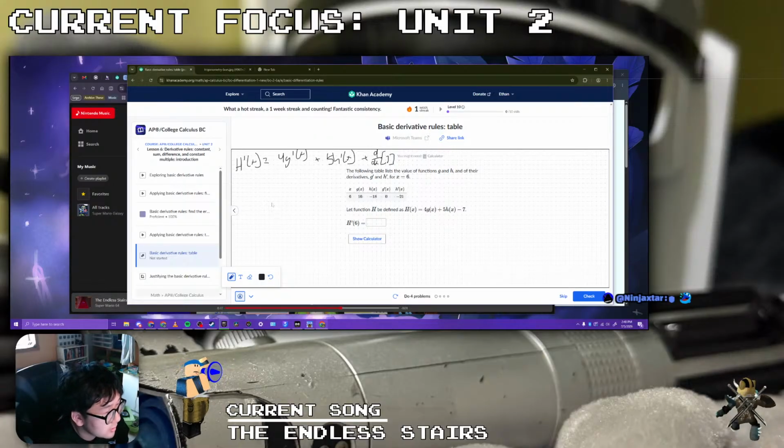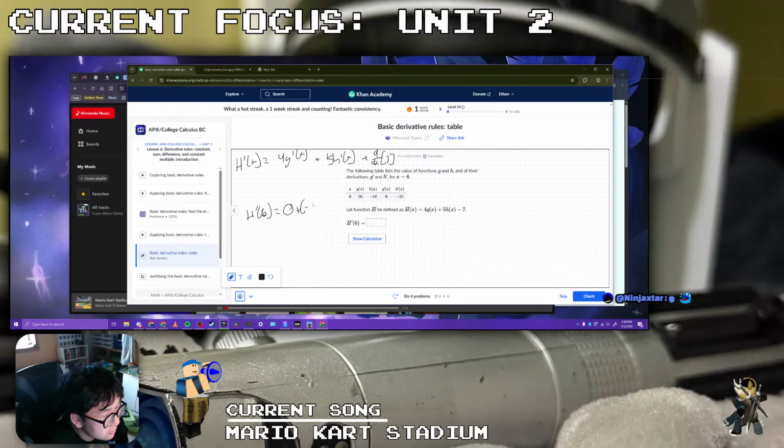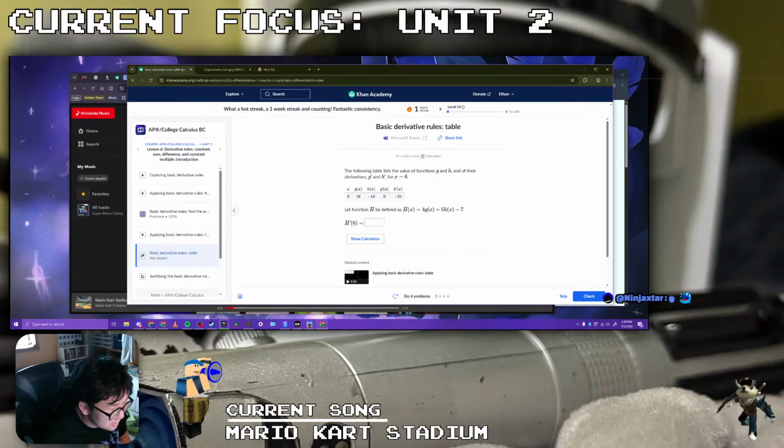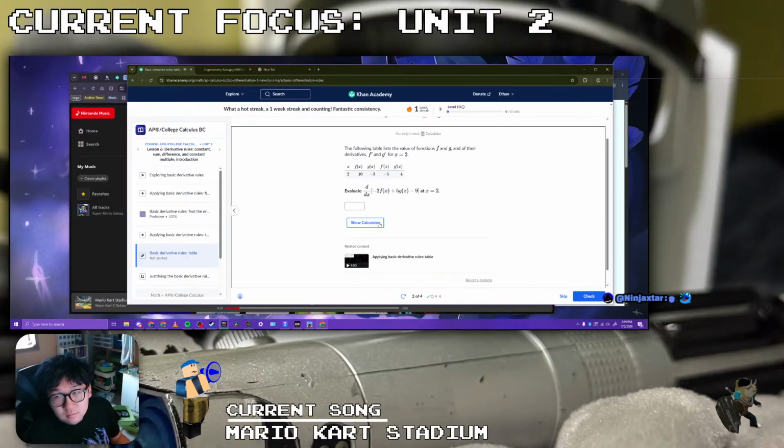This equals 0, by the way. So it's just going to be 0 plus negative 105, I think. I hope there isn't a rule I missed. Nope. Okay.